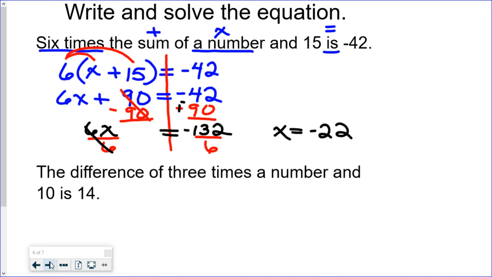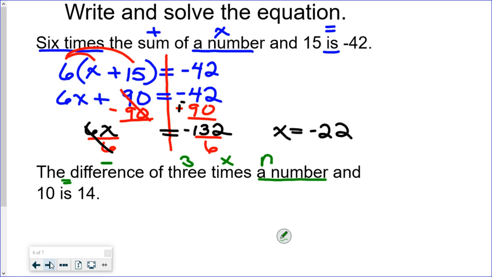Okay, the last problem says the difference. What does difference mean? Subtraction of 3 times a number we don't know. Let's call it N this time. A number and 10, and then here's your is 14.